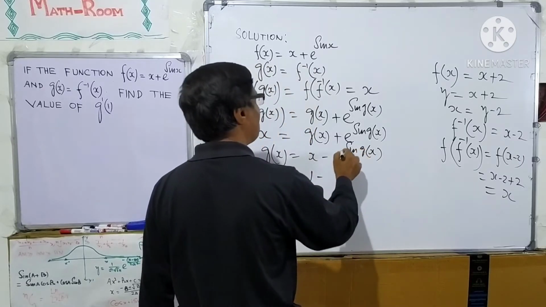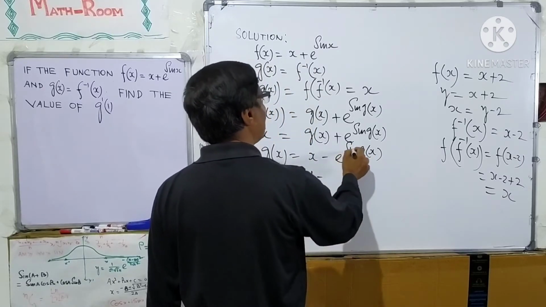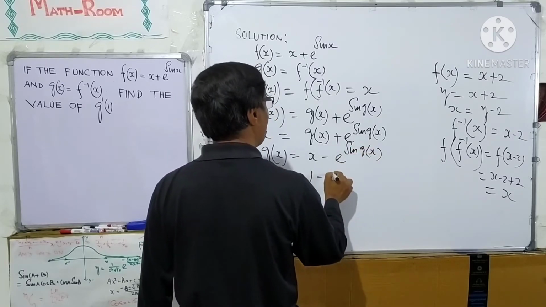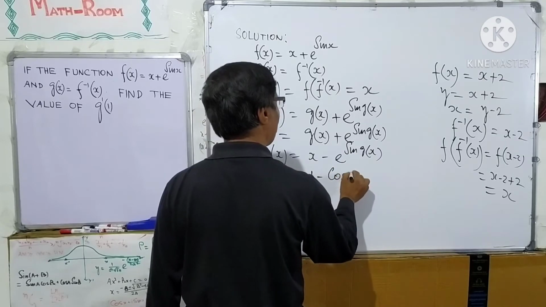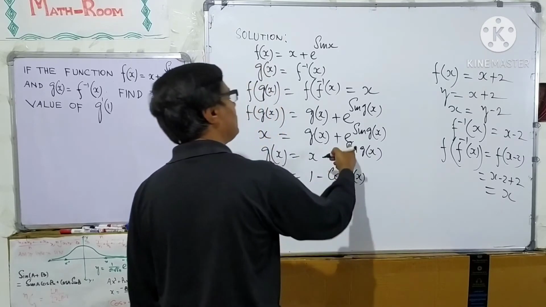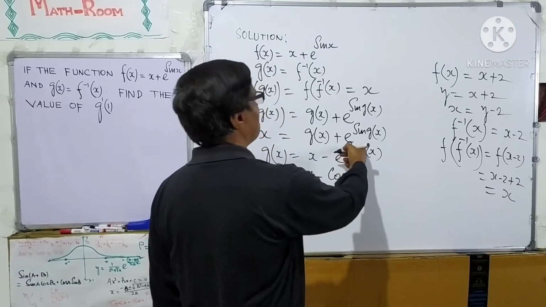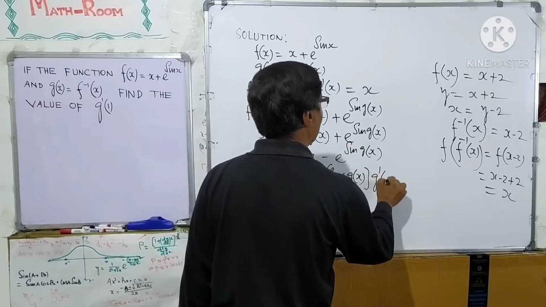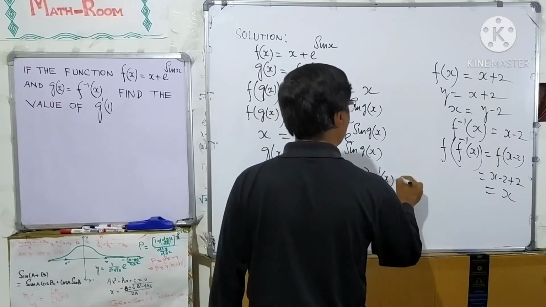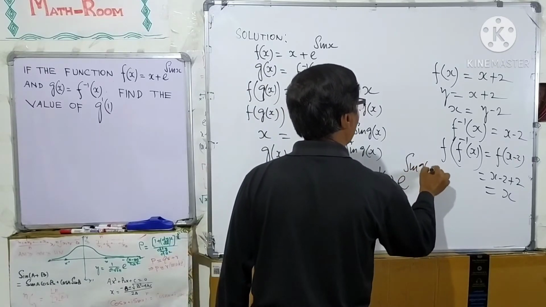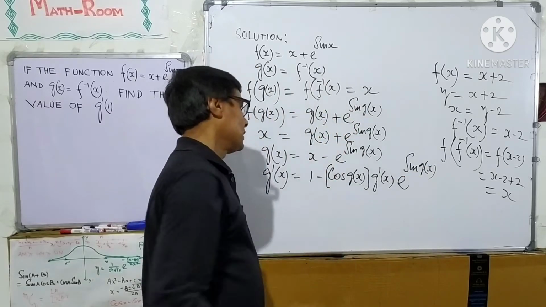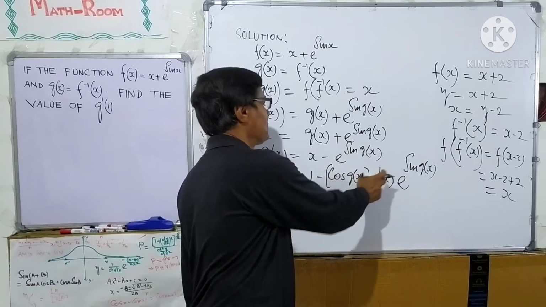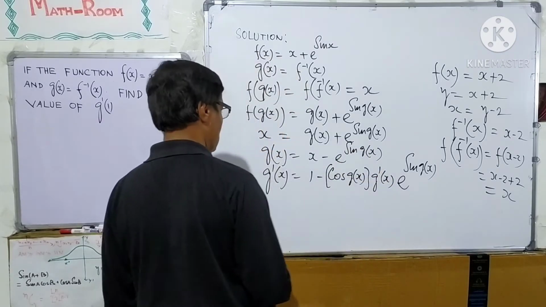By the chain rule, the derivative of sin g(x) is cos g(x) into g dot x, times e to the power sin g(x). This is the differentiation of e to the power sin g(x).